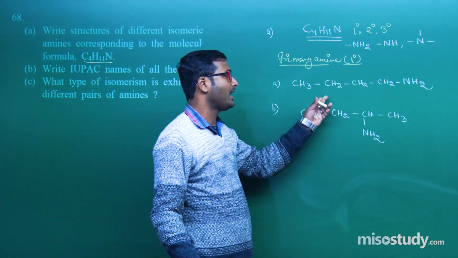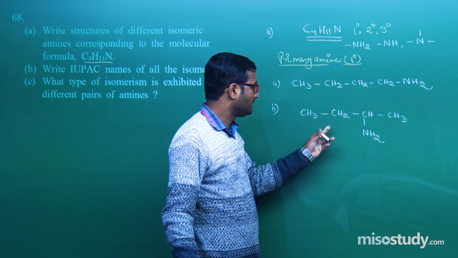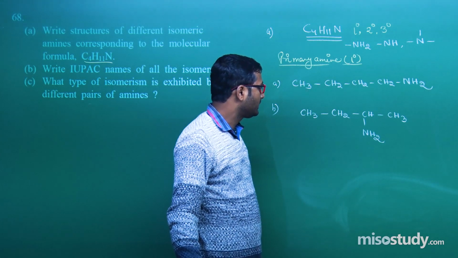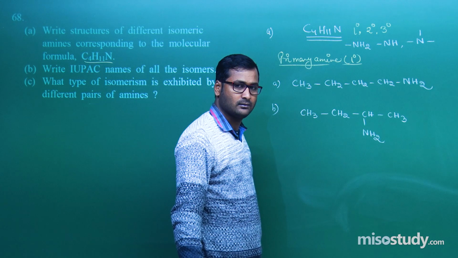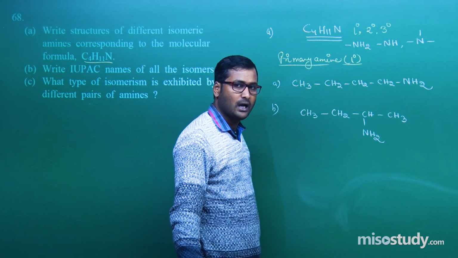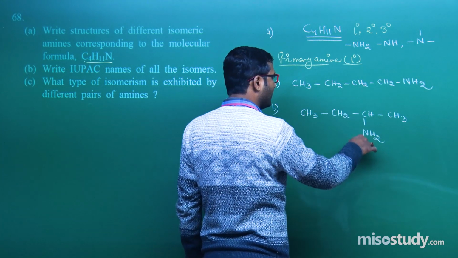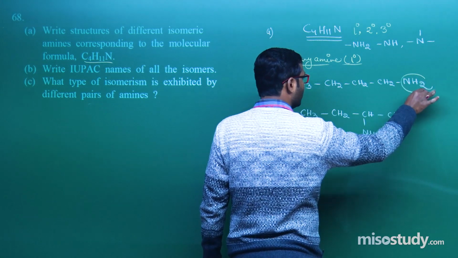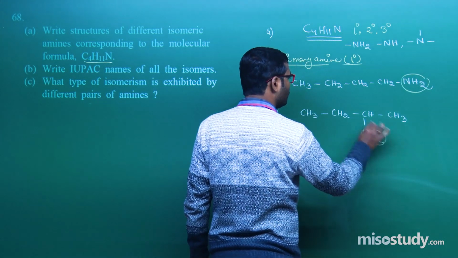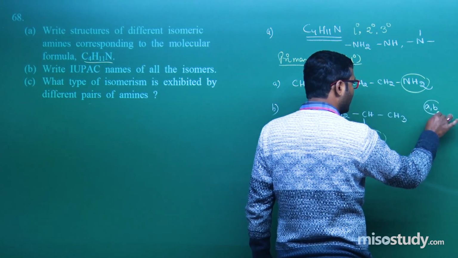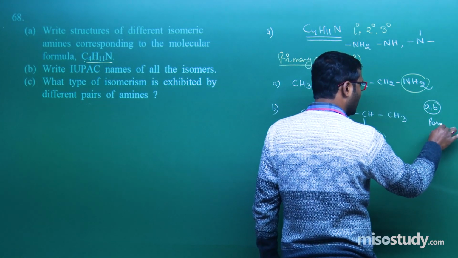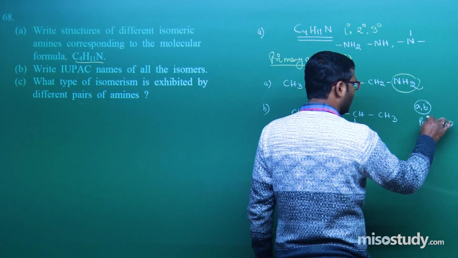That is butanamine, and this one is butane-2-amine. Now look, there is a change in the position of the NH2. So we will say A and B are position isomers to each other.